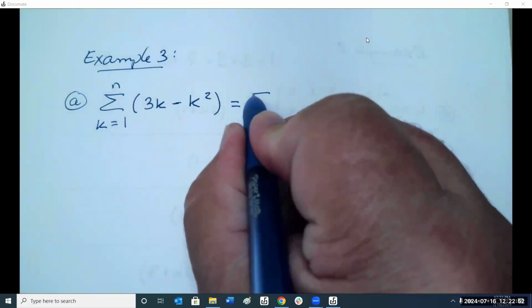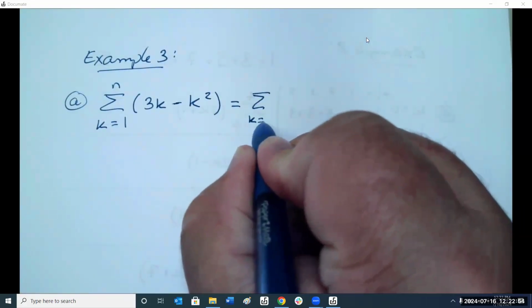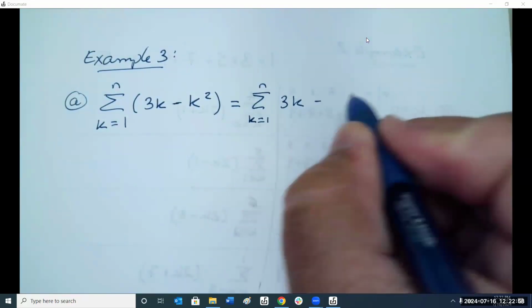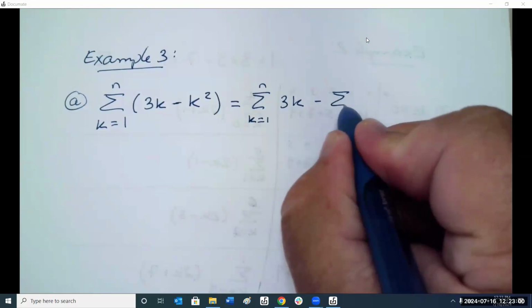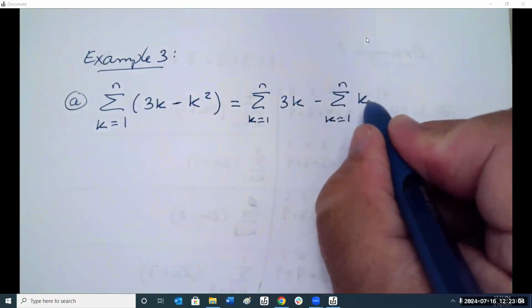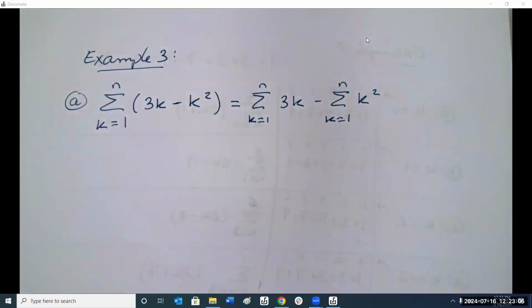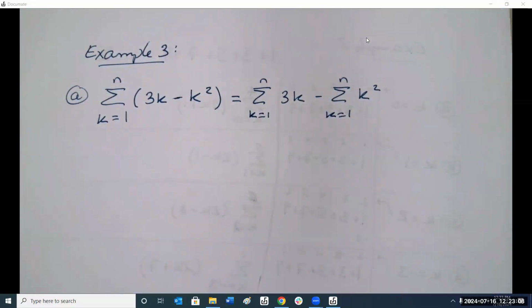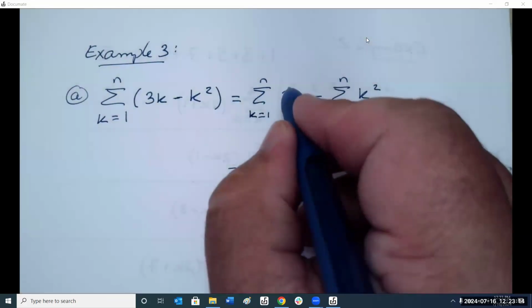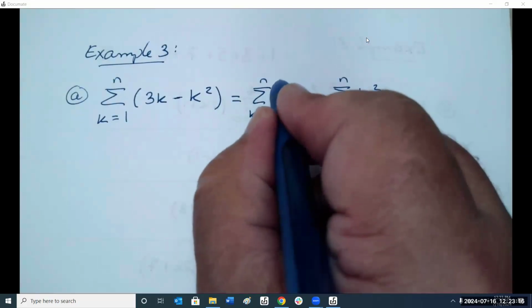We have the summation of k equals 1 to n of 3k minus the summation of k from 1 to n of k squared. We have a constant multiple, so that 3 goes out in front.